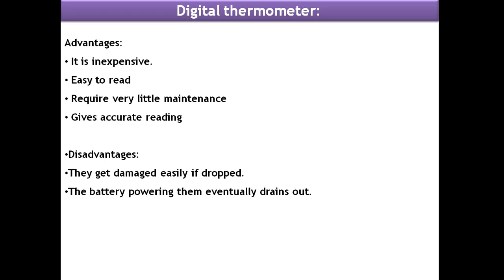Whether we use it or not, the battery will drain out. And disposing of the battery is also difficult. Generally we should not throw batteries everywhere, hence we need to take care of this point.